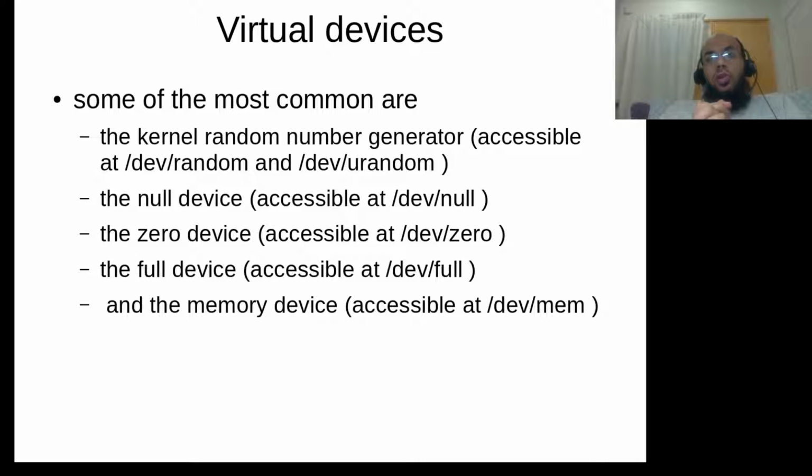Although most of your devices would actually map to a real hardware device, you can still implement many of them as virtual devices. In your LKM implementation for the project, most people are going for some kind of virtual device to interface with the LKM.